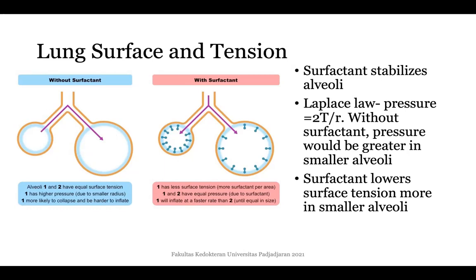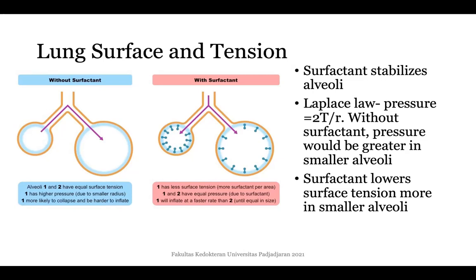Okay, so when we have surfactant, the amazing thing about surfactant is that, I don't know how, it preferentially chooses the smaller-radius alveoli. So the smaller alveoli will have more surfactant than the large alveoli. So now the small alveoli and the large alveoli have the same pressure, because the smaller alveoli have decreased surface tension.